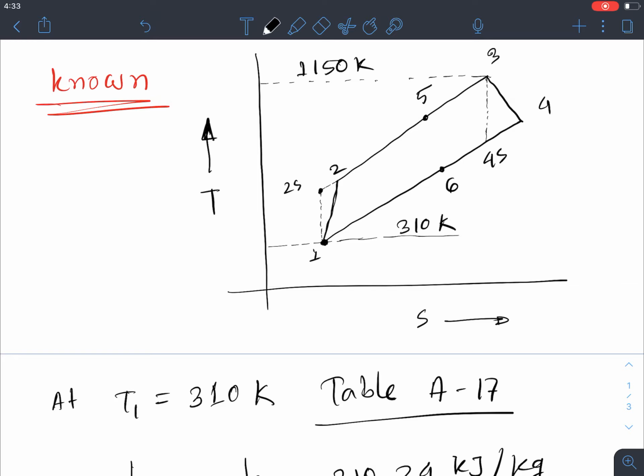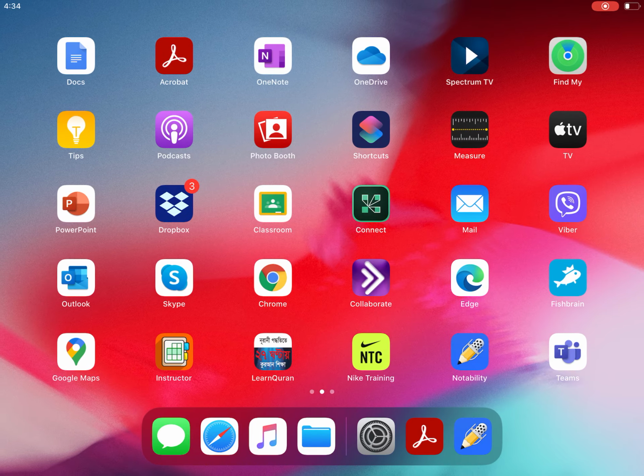Now based on this relative pressure 10.88, we have to find out H2s, the enthalpy at this point.